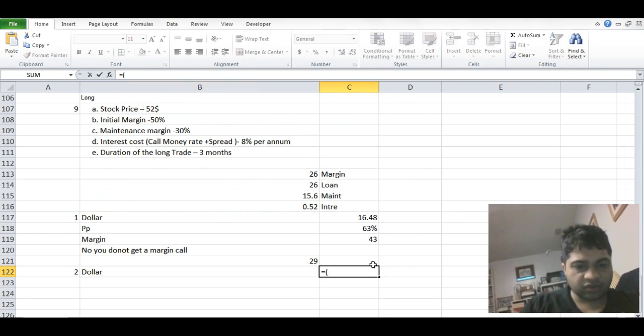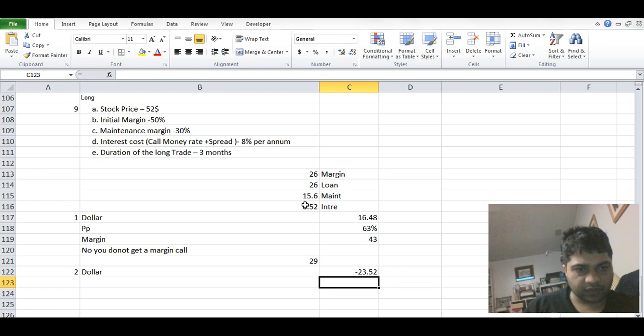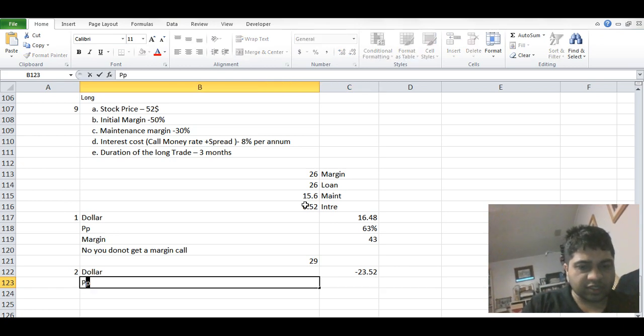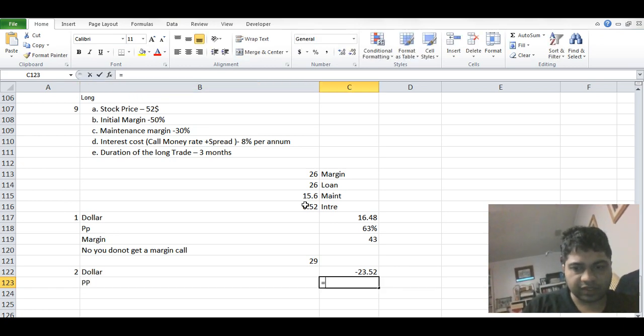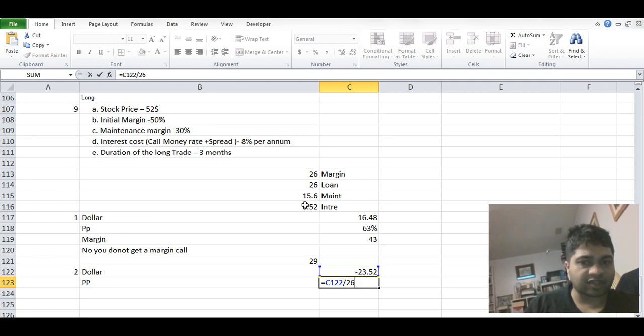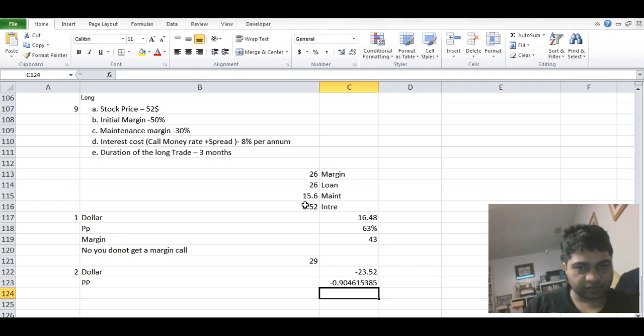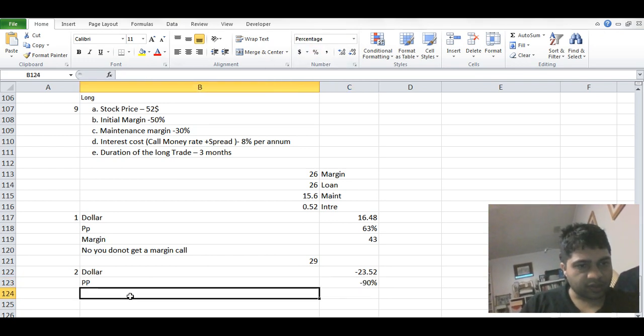So it is 29 minus 52, what you entered at, minus the interest payment. Okay, percentage profit is simply this divided by $26 that you invested. So 90% you have lost.